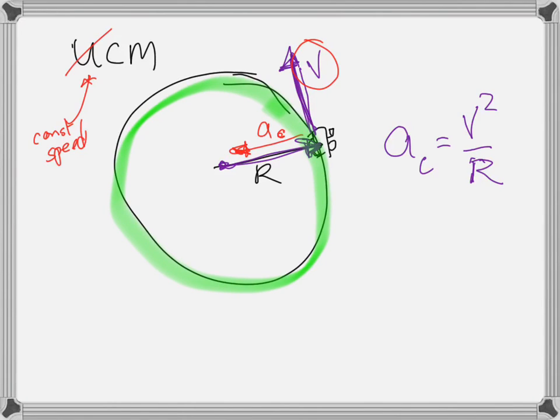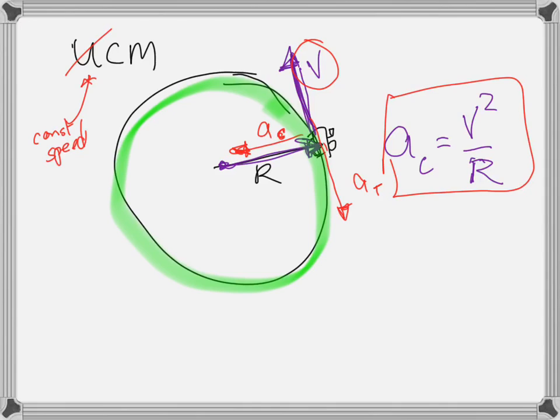And what that does is it adds a tangential component to the acceleration. There's still a centripetal component, and the centripetal component, whether your speed is changing or not, at any instant is always v squared over r. But if your speed is changing, you also get a tangential component of the acceleration.